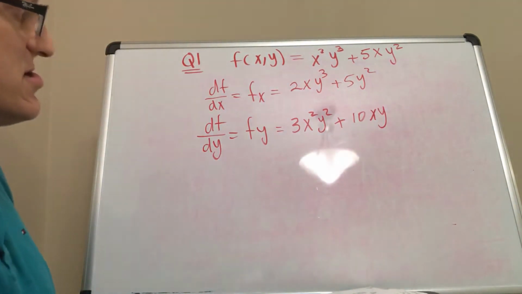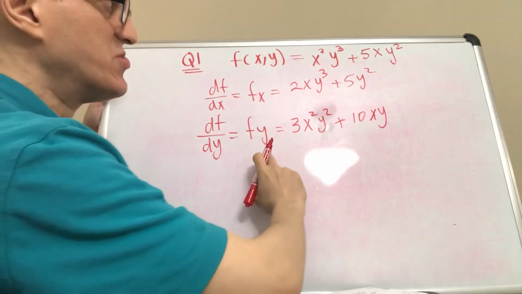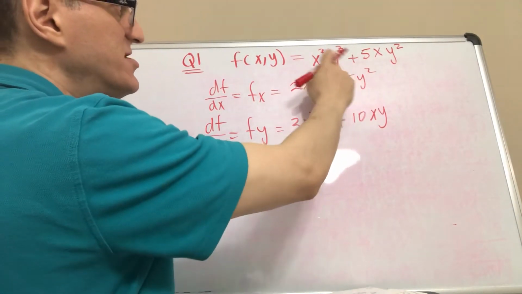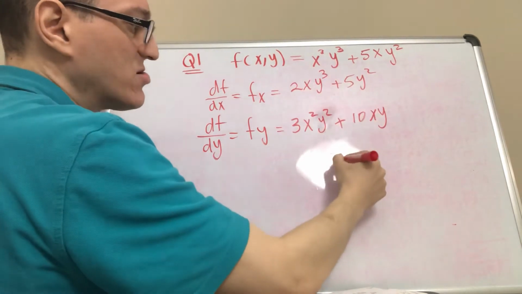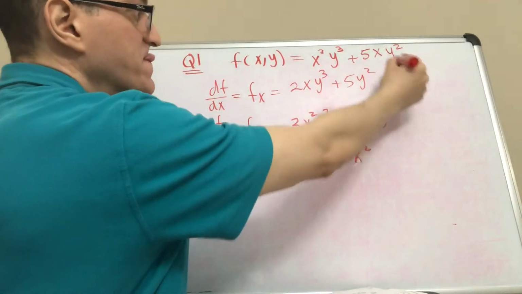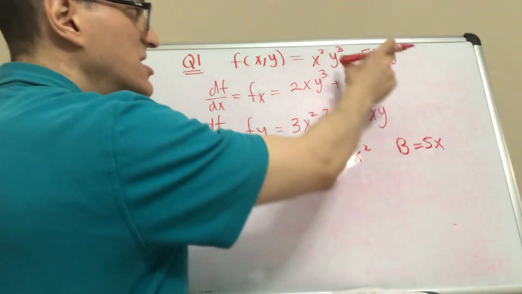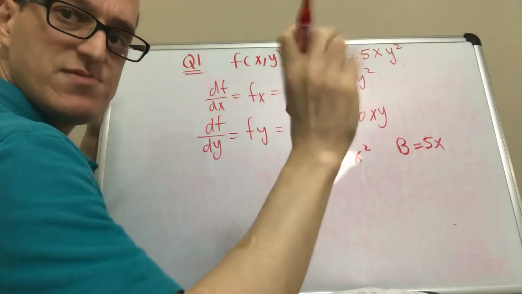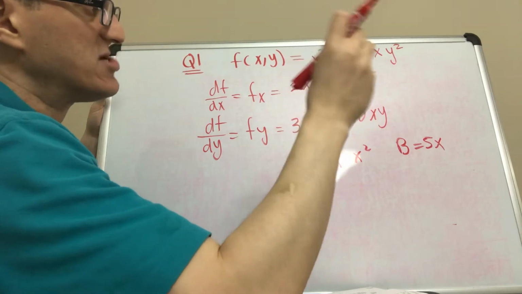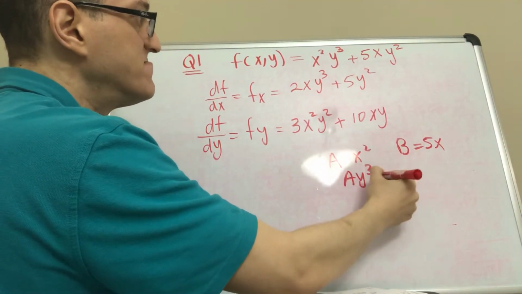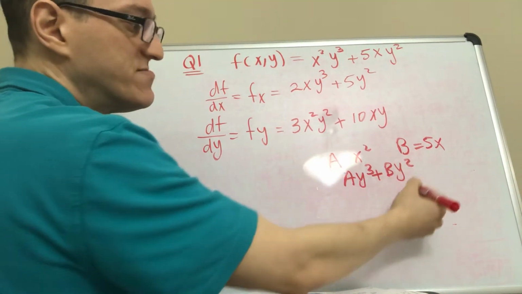If you want to do it in a different way, again, you're doing it with respect to y. Anything other than y, call it something else. So here, x squared, I'm going to call a, and 5x, I'm going to call b. So I'm only leaving the terms that actually have y. So this becomes ay cubed, by squared.